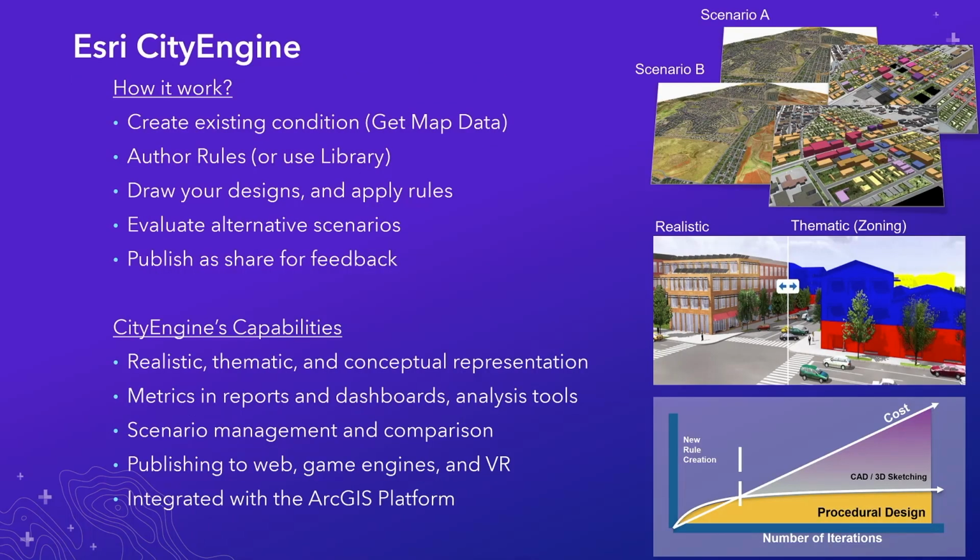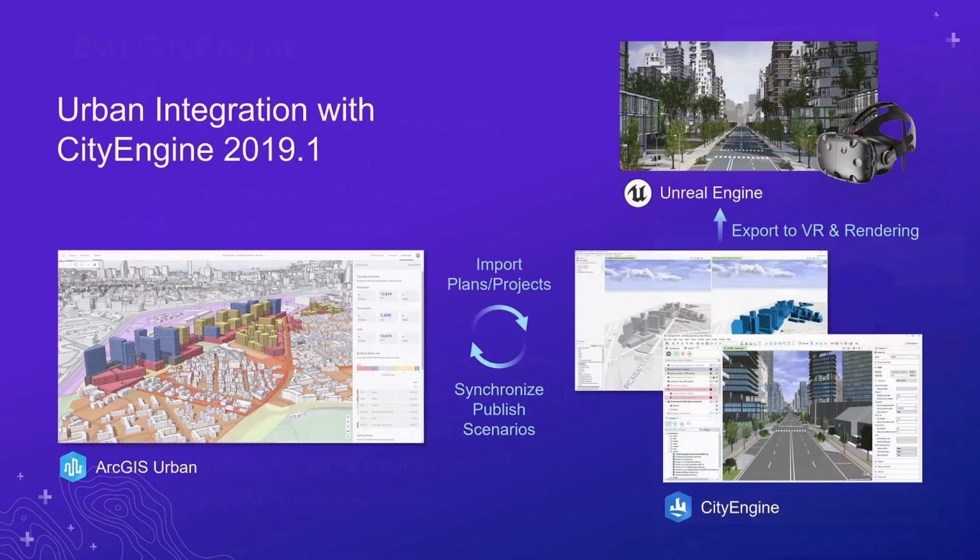And it works by creating existing conditions, be it from your GIS data or GetMap data, writing a rule, or using one of the rules that we provide directly out of the Esri library, Esri lib, that you can download, drawing your design, applying your rules, evaluating your alternative scenarios, and then publishing or sharing for feedback, or pushing back up to ArcGIS Urban if that's your system of record. And it creates these varying styles of 3D content.